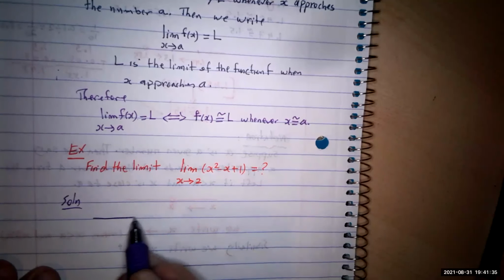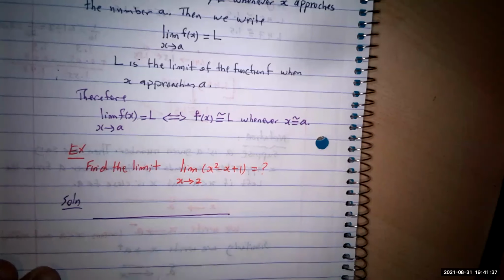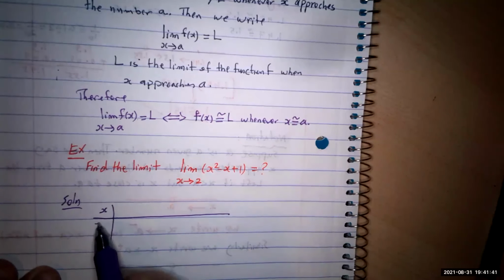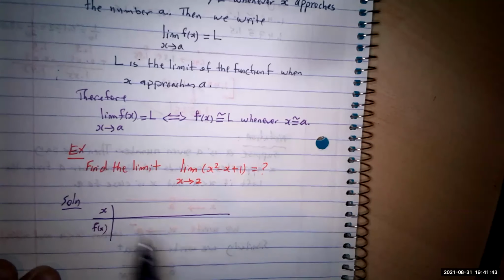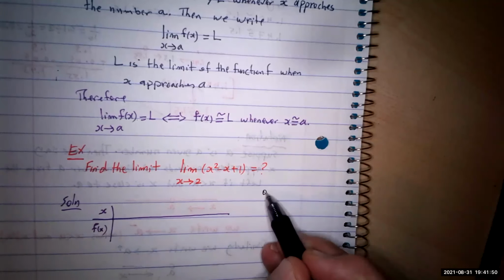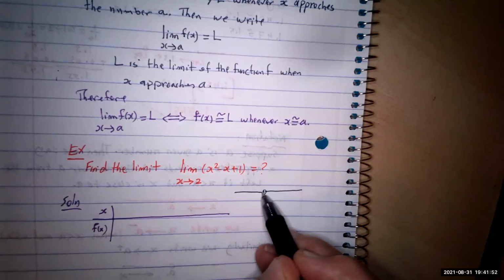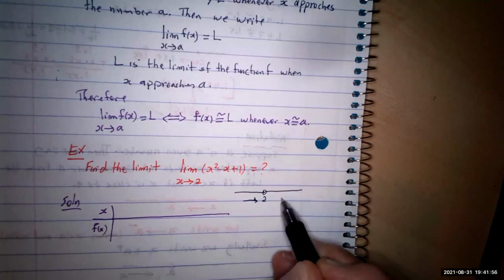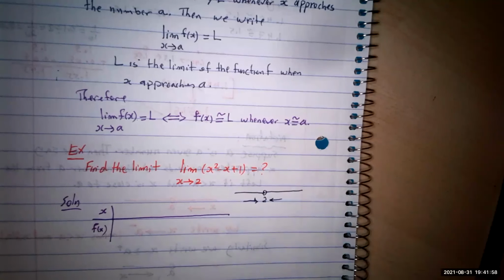Draw a table: this is x, this is f of x. You want to go around 2. This is 2. You have to go from this direction and this direction to find out what is going to be the value of your function.